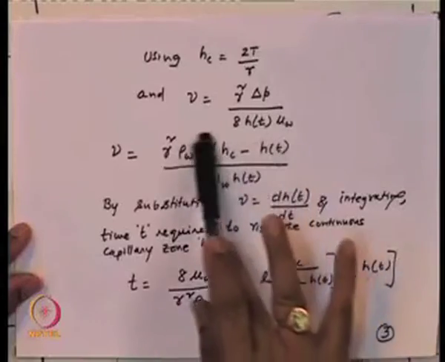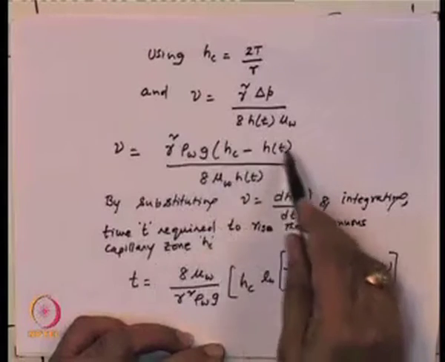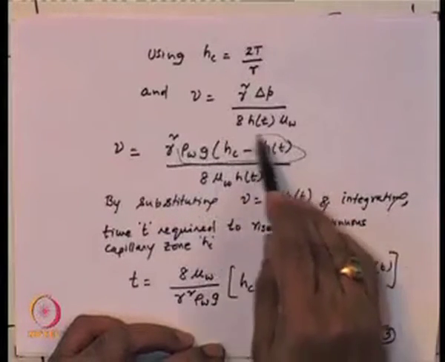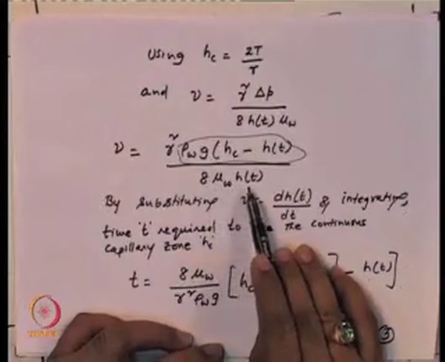This is the expression for delta P, which is substituted in the derivation here by 8 mu W Ht.